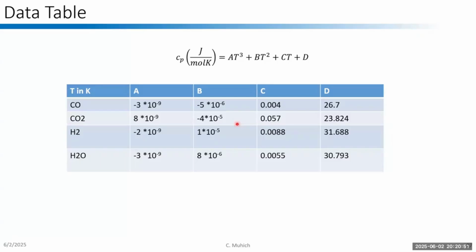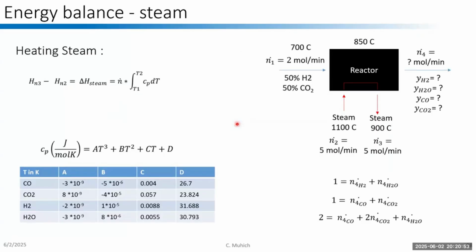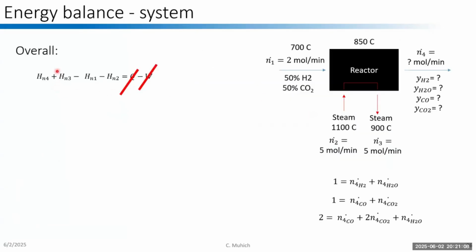Okay, so let's go and start thinking about our system, right? I need to know what's going in, what's coming out. Let me go back. I want to look at this equation in my energy balance.